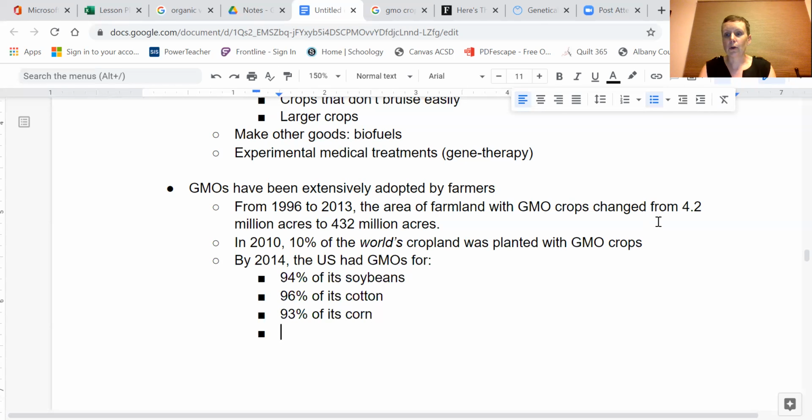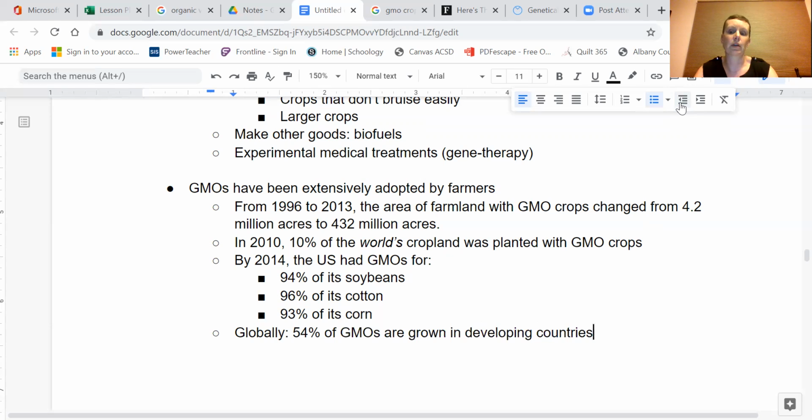And then we'll just do one more global statistic, and that will be the end of our notes. Globally, 54% of GMOs are grown in developing countries.